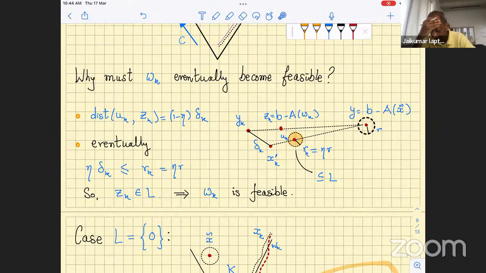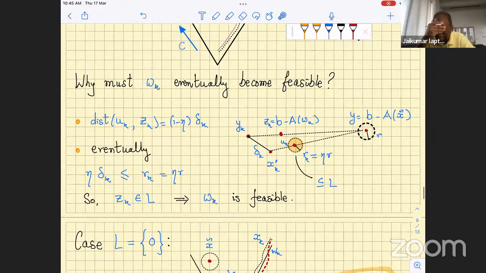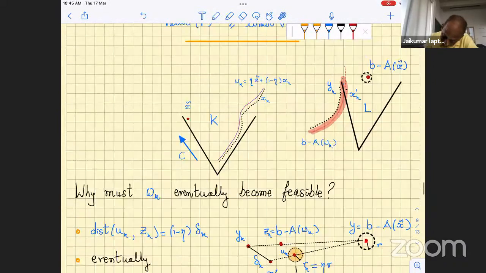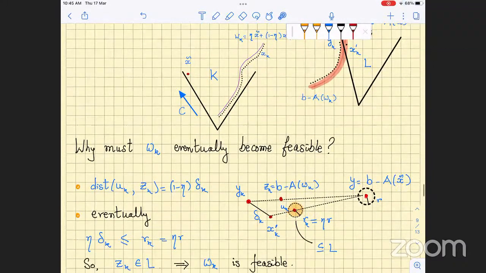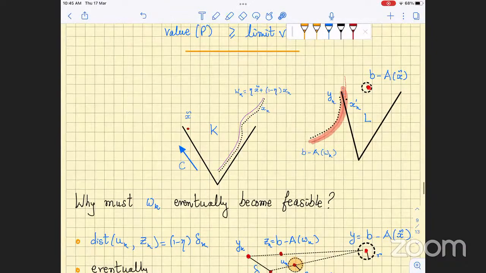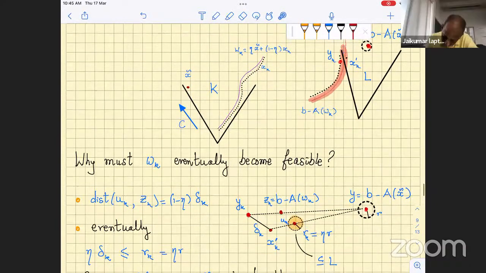So is this picture clear? Or is everything in this picture clear? Once again, this was this point. This YK was this point. You take this YK and its average, sorry, YK and this, maybe I should call it Y tilde.